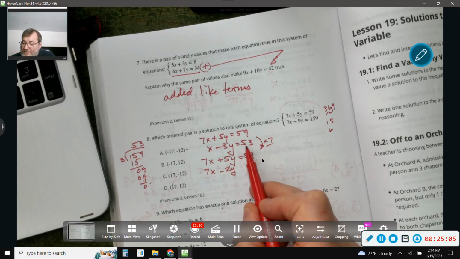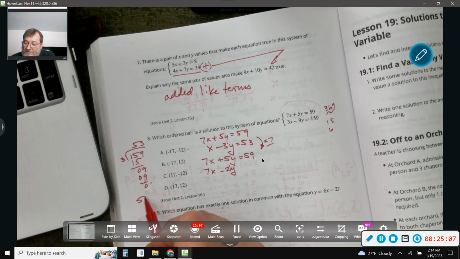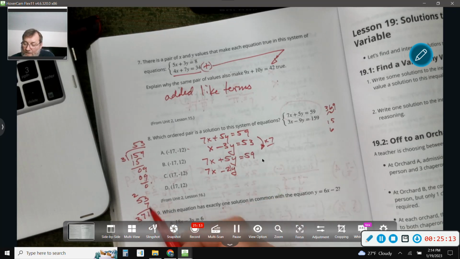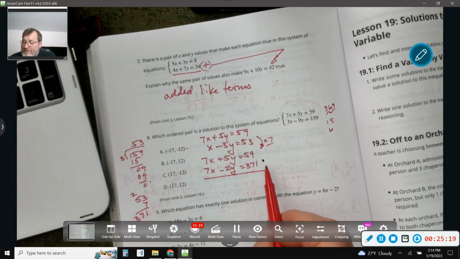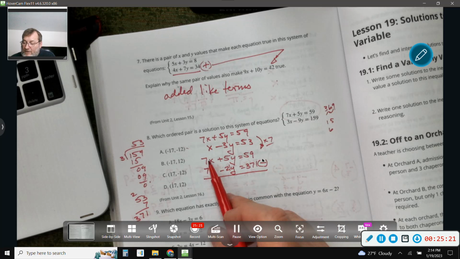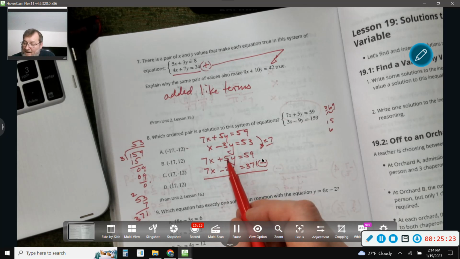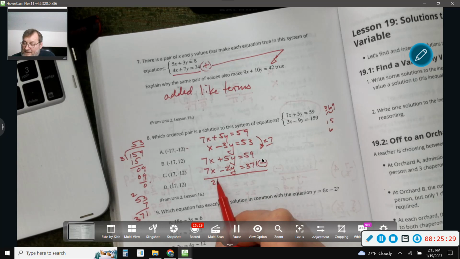And if I make 53 times 7, let's see, that's 371. All right, and now we'll just subtract. 7 minus 7 is nothing. 5 minus a negative 21 is the same as 5 plus 21, which is 26y.